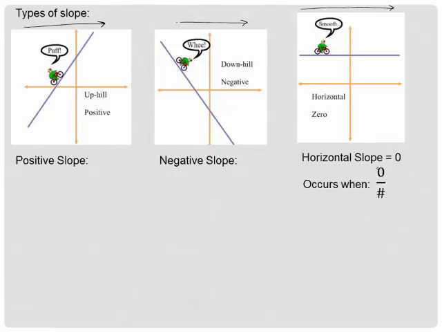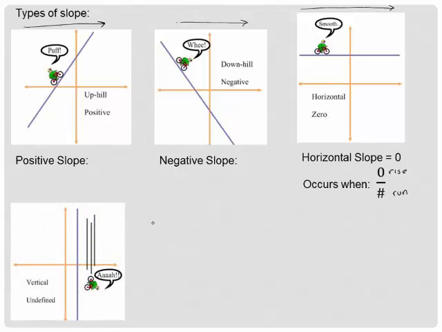And that happens when our rise is 0. So we're not going up and down, but we're running sideways. Or we can have what's called an undefined slope. That's vertical, and this occurs when our run is 0, and that is because you cannot divide by 0.